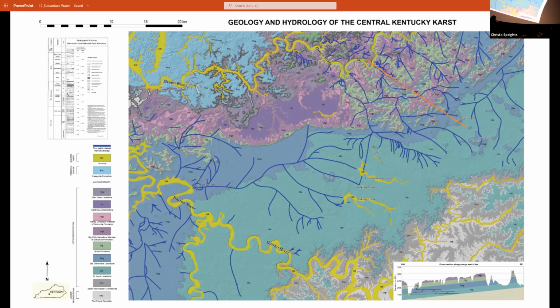So again, if we remember that in your silicate-dominated porous-media aquifer, the water is kind of uniformly distributed, these dark blue lines represent those preferential flow paths where water is concentrated in this karst aquifer.